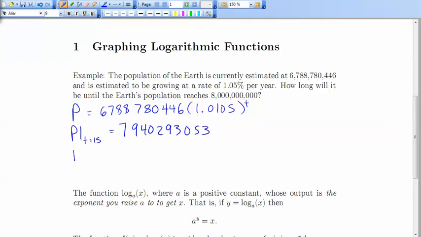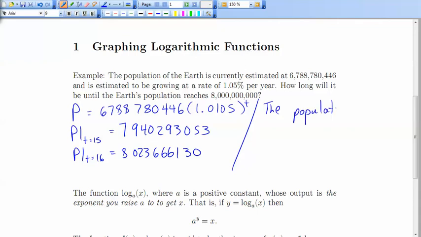And if I plug in t equals 16, I get just over 8 billion. Well, that was pretty lucky of me. Okay, so we can see that the population will reach 8 billion during the 16th year.